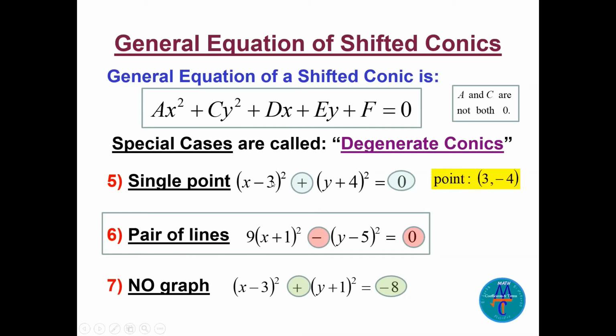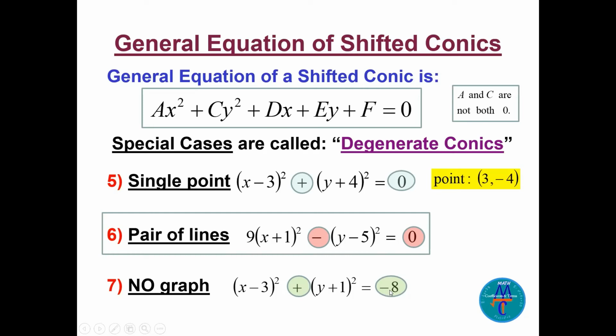If you have something squared plus something squared is equal to 0, that is a single point, only 3 and minus 4, whatever the numbers are. Or if you have something squared minus something squared is equal to 0, this is a pair of lines, because you can take this on the other side and take the square root of both sides. You will have 2 straight lines. Or no graph, if you have something squared plus something squared is equal to a negative number.